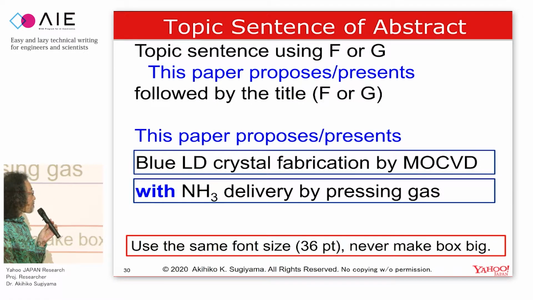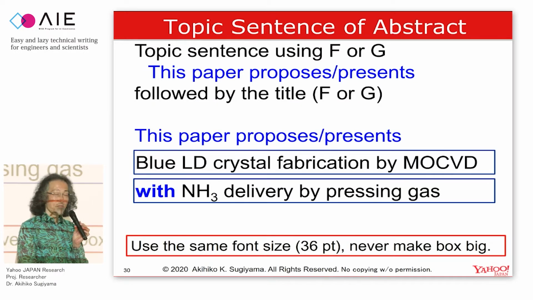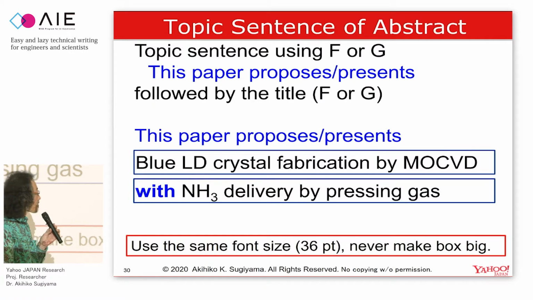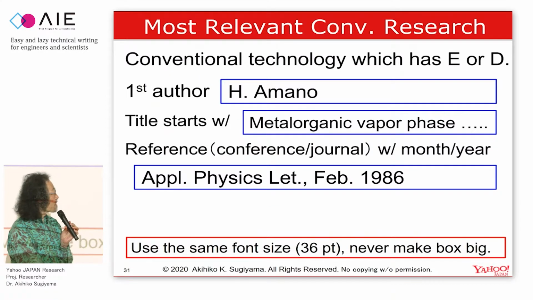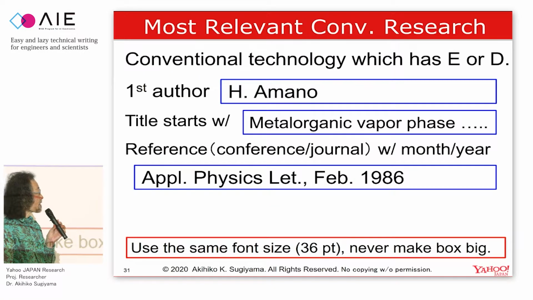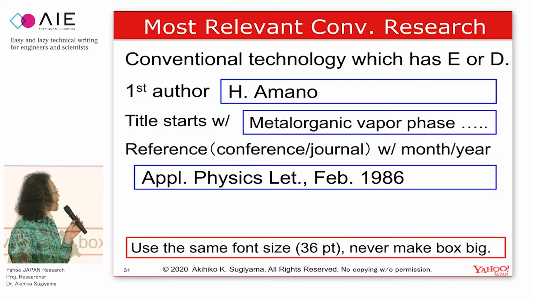This paper proposes a blue laser diode crystal fabrication by MOCVD with pressing gas, or with NH3 delivery by pressing gas. This is good enough for the topic sentence in the abstract. Okay, either one is fine. And this is the most relevant research by Professor Amano.